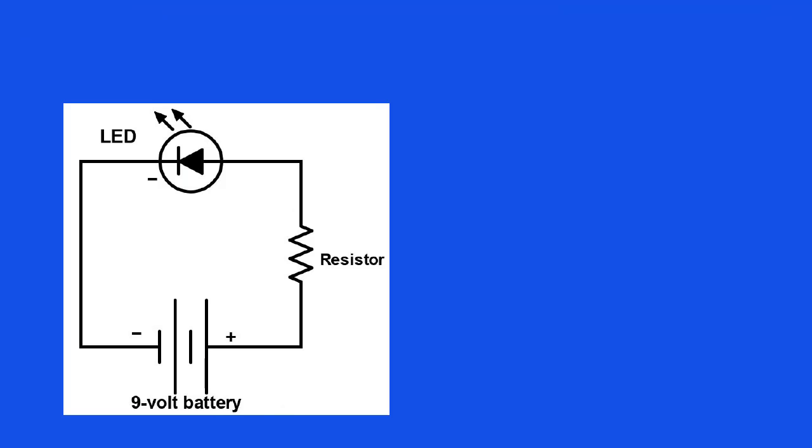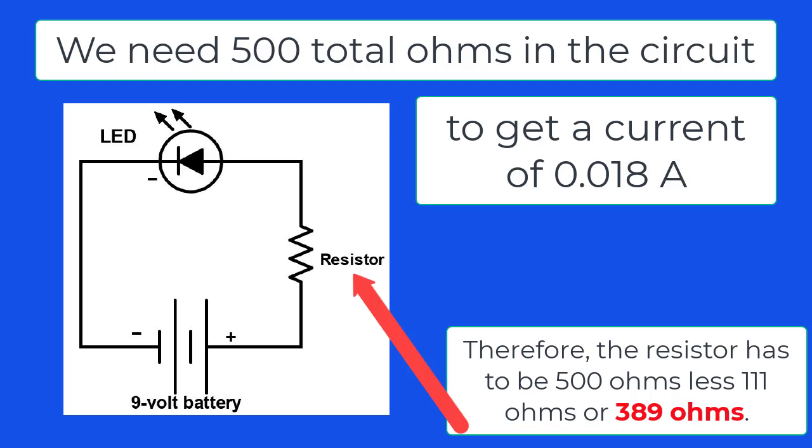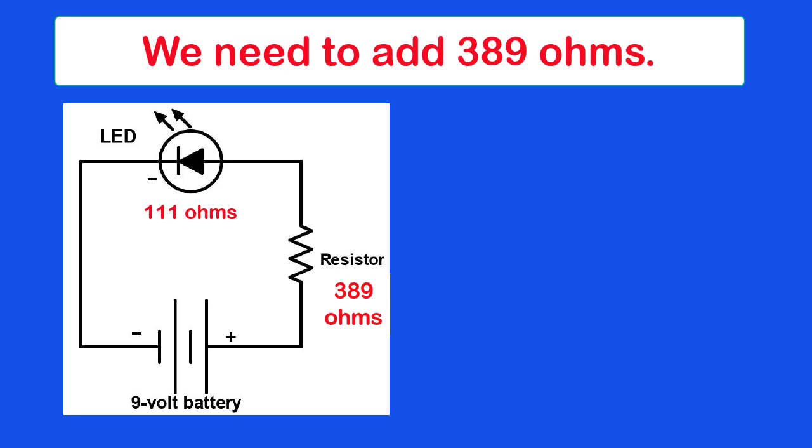Since with a 9-volt battery we need 500 ohms to cause a current of 18 milliamps, and our LED is equivalent to 111 ohms, we need 500 ohms less 111 ohms, which is equal to 389 ohms. Therefore, we need to add a resistor of 389 ohms in series with the LED and the 9-volt battery.